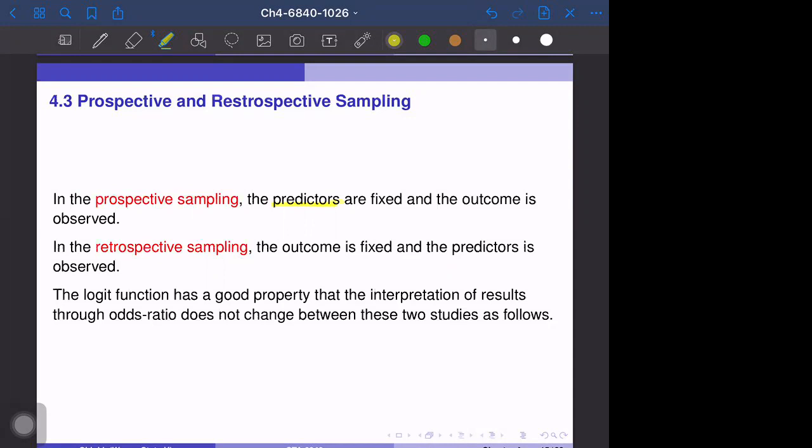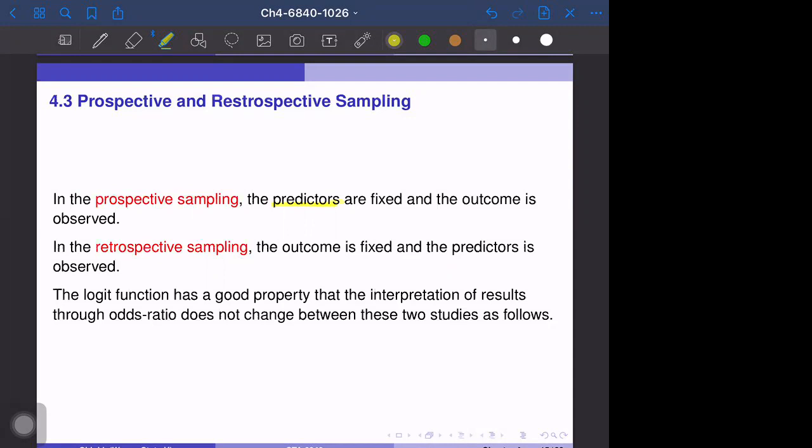And so these two methods have pros and cons in practice. For example, prospective sampling is good to identify the cause and result relationship. For example, if we control the drug given to the patients, then we can see whether or not the drug is useful.